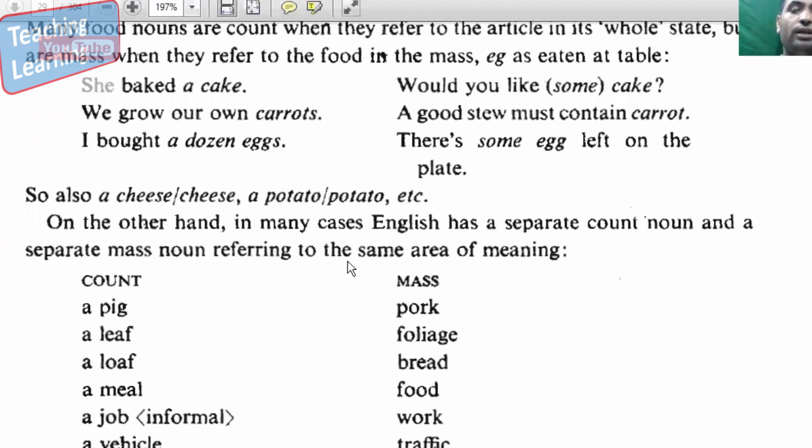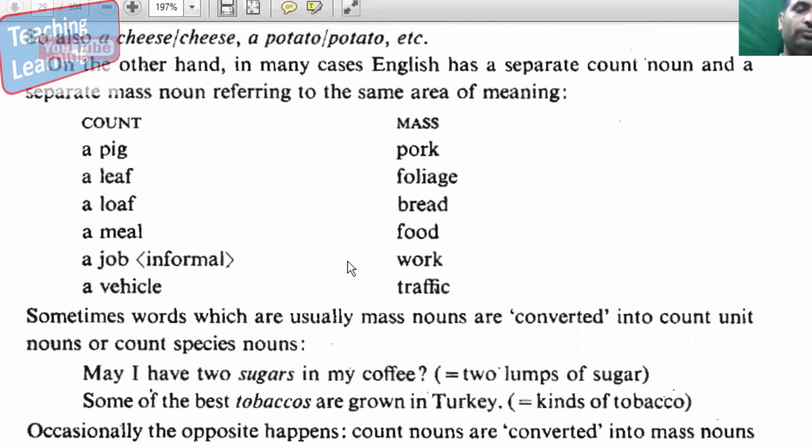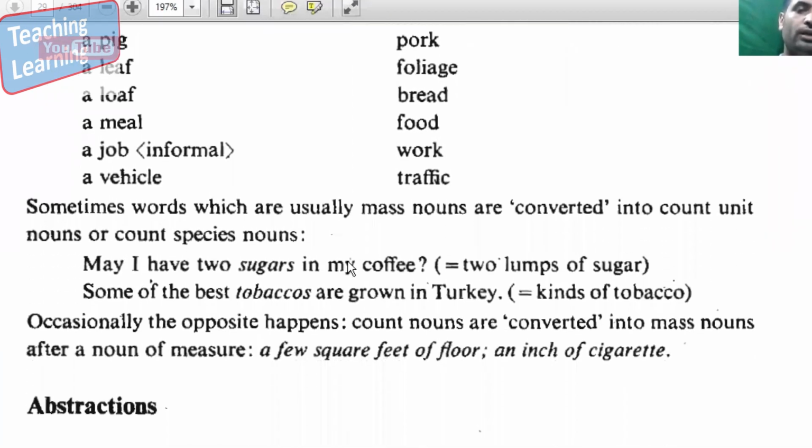Look: a pig can be countable, but pork is not; a leaf, foliage; a loaf, bread; a meal, food; a job, work; a vehicle, traffic. How do you understand the concept of count and mass nouns?